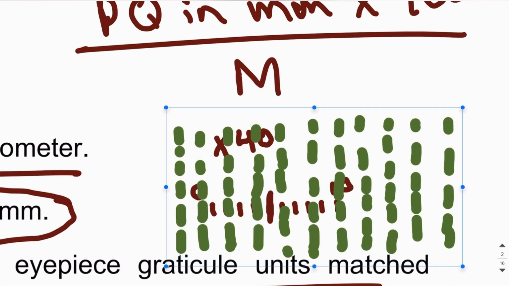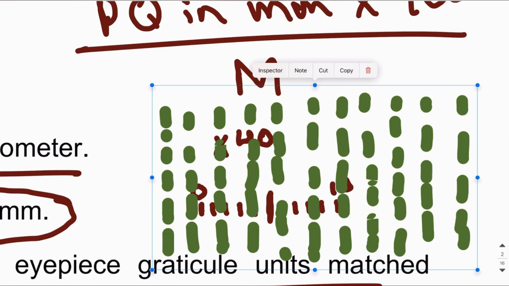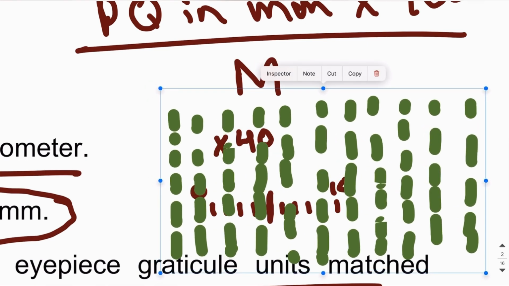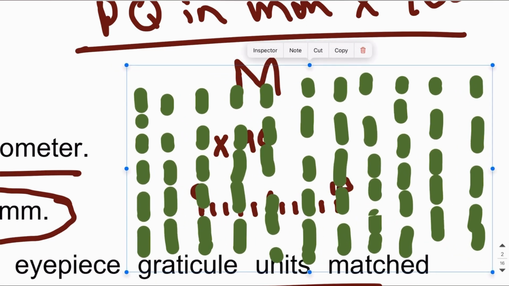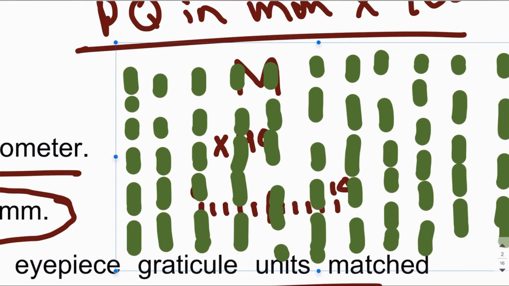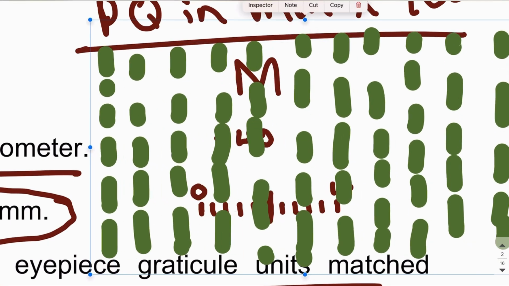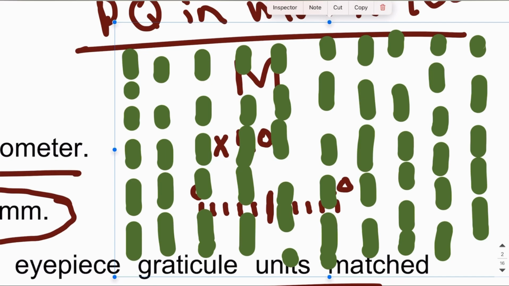So what will be the case now? Now almost we can say that one stage micrometer division will now be equal to 4 eyepiece graticule units.